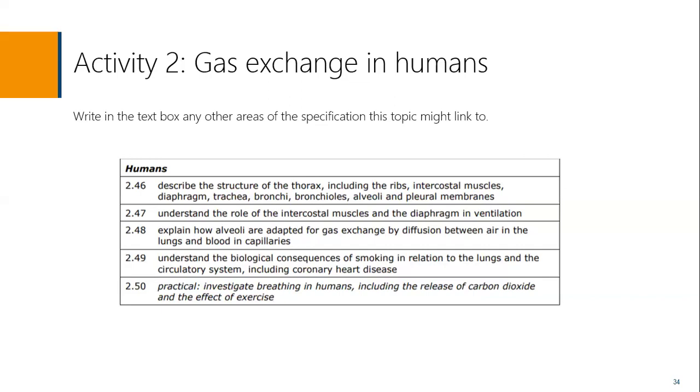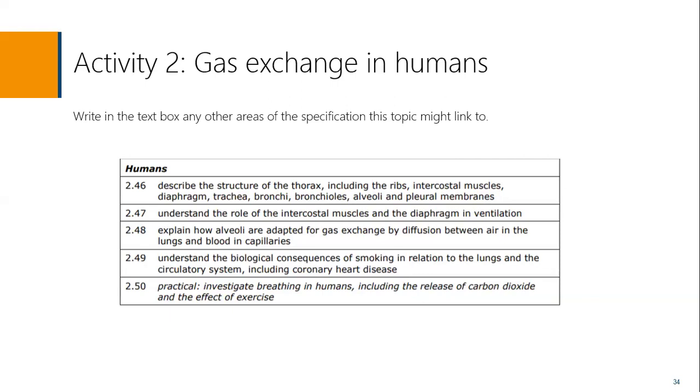We're getting some answers, which indicate just how interlinked many biological topics are, or almost all biological topics. Diffusion and respiration are obvious links that need to be made. Also, circulatory system.